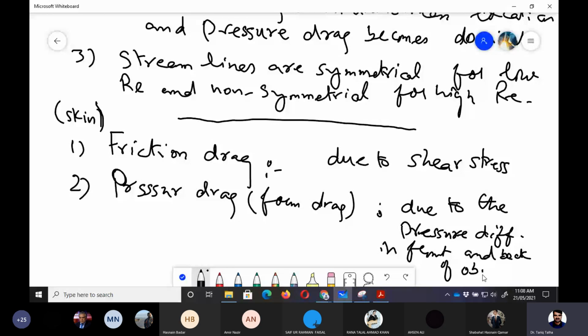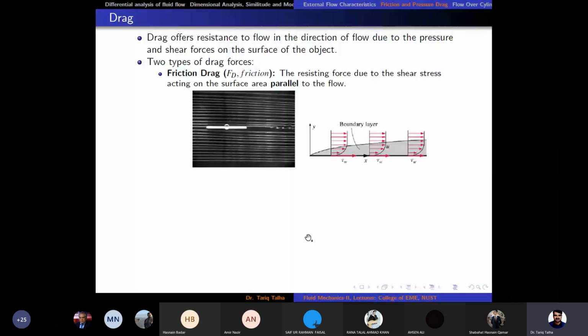Right. And it usually happens when we have got flow over a blunt body or semi-blunt bodies for that matter.